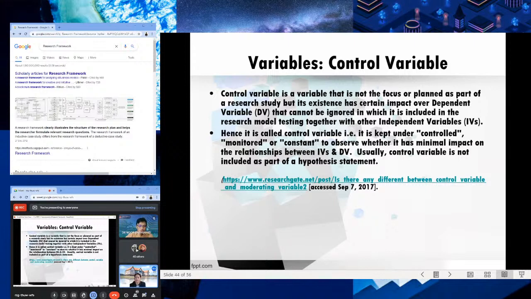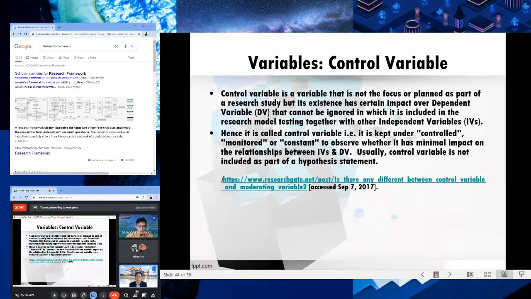Okay, and this is also important. Sometimes this control variable can act as a monitor or as a constant, or maybe you can suggest this variable if it has minimal impact on the relationship between IV and DV.